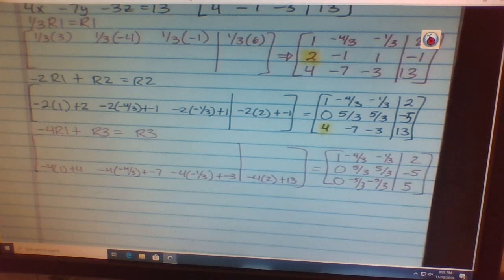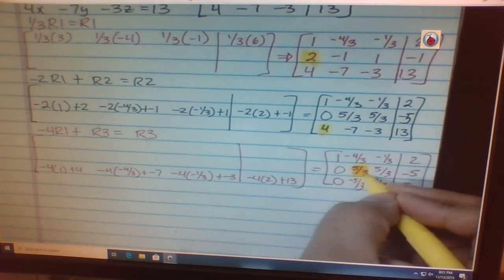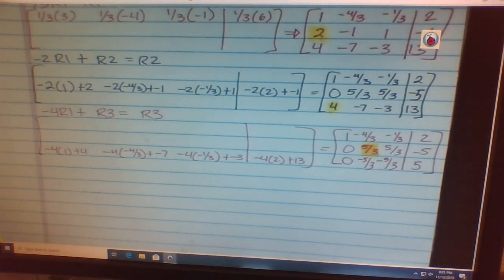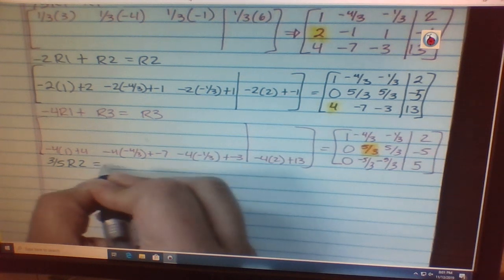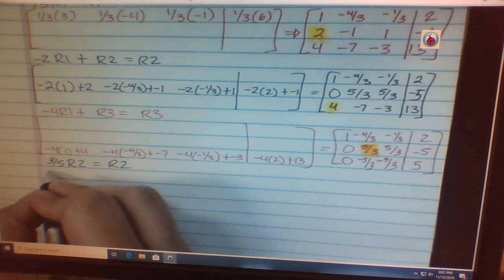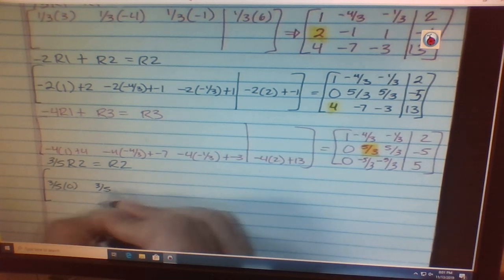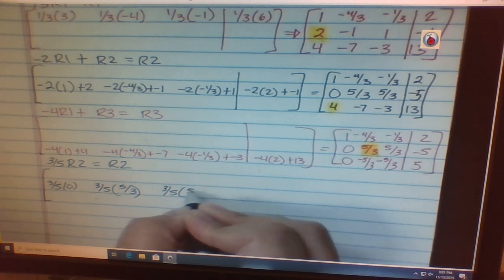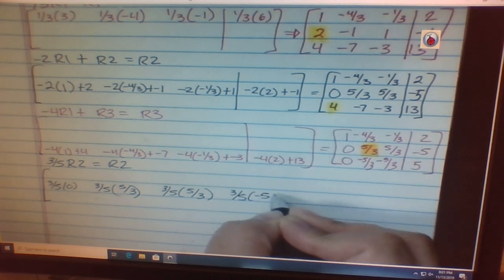So on the next column, you start off by making a 1 in the middle, making this guy into a 1. So how do we make anything a 1? Multiply by the reciprocal. So what is the reciprocal? 3/5. 3/5 times row 2 equals the new row 2.